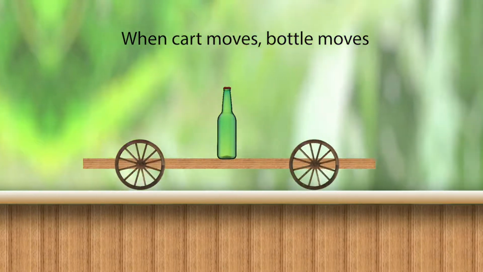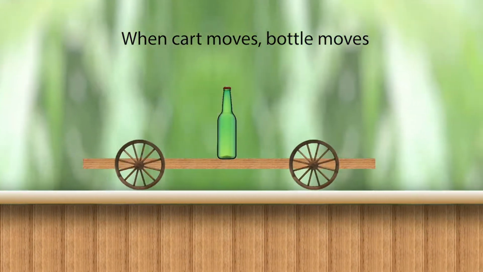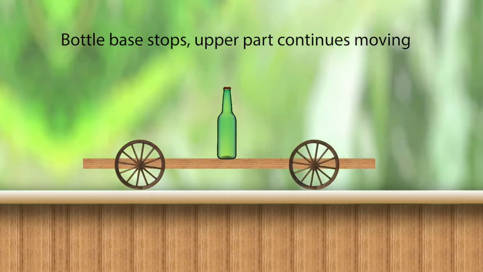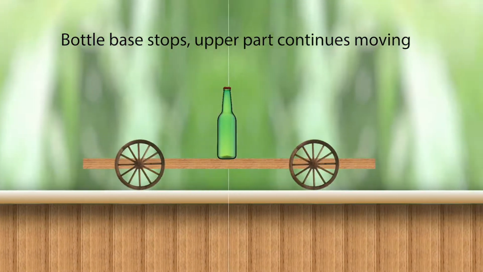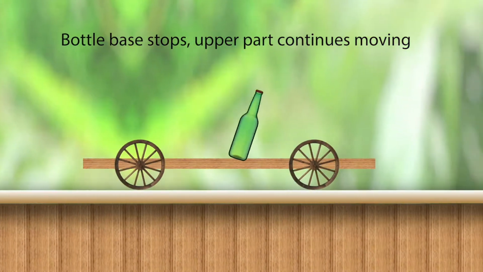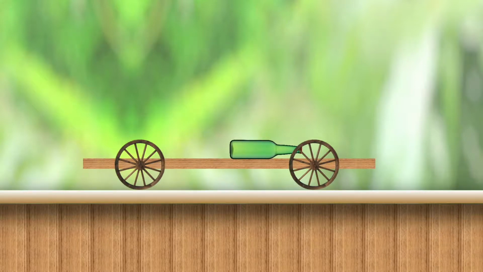When the cart is in motion, the bottle is in motion. However, when the cart is suddenly stopped, the base of the bottle that is in contact with the cart also comes to a sudden halt. But the upper part of the bottle continues its state of motion and therefore the bottle falls forward.